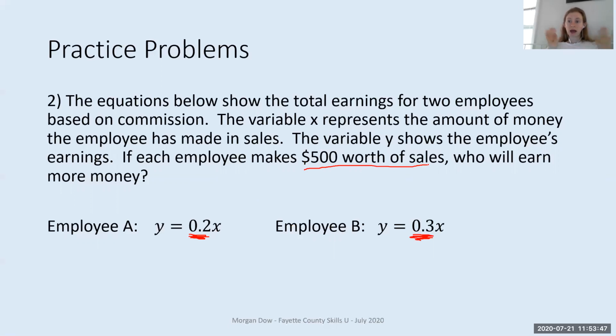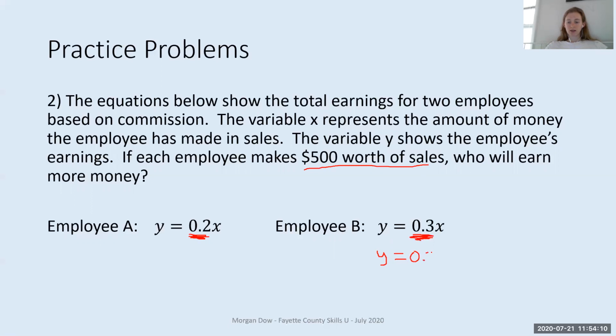However, the second way to approach this problem, let's say you looked at your equations and you weren't quite sure, you felt a little unsure because of those decimal numbers in there. The second way to do that would be to actually plug in that $500 and determine the earnings, right?